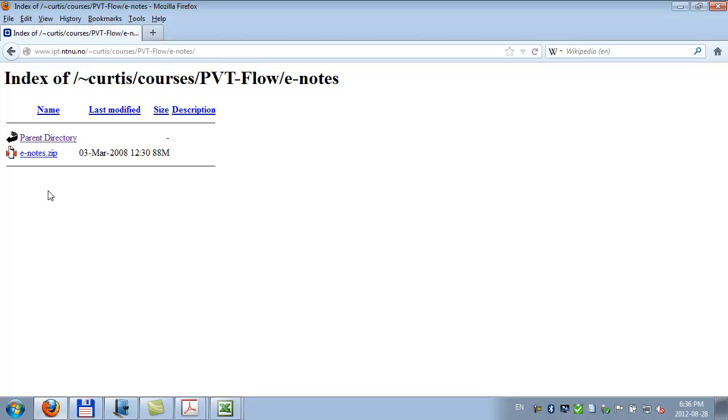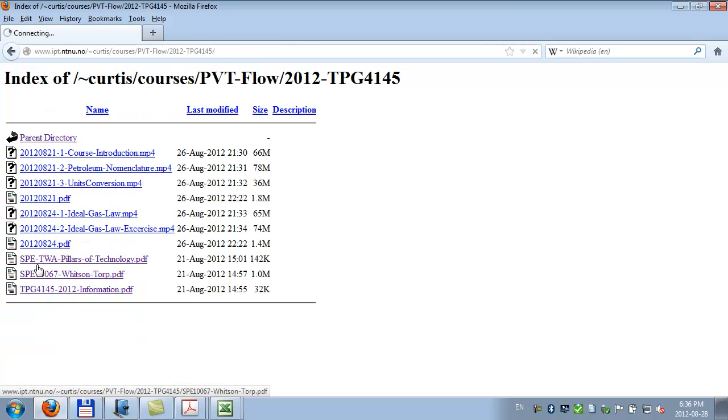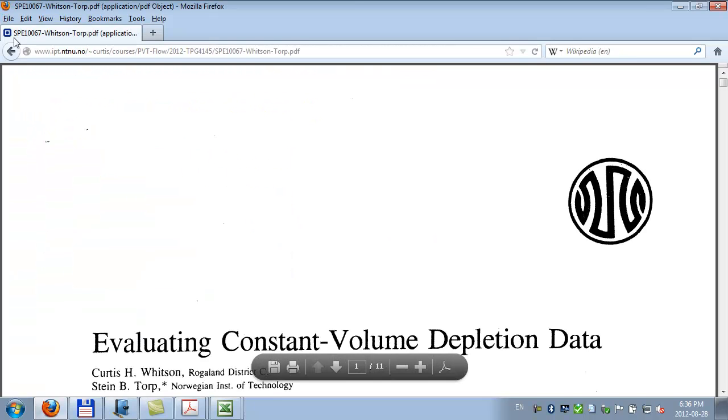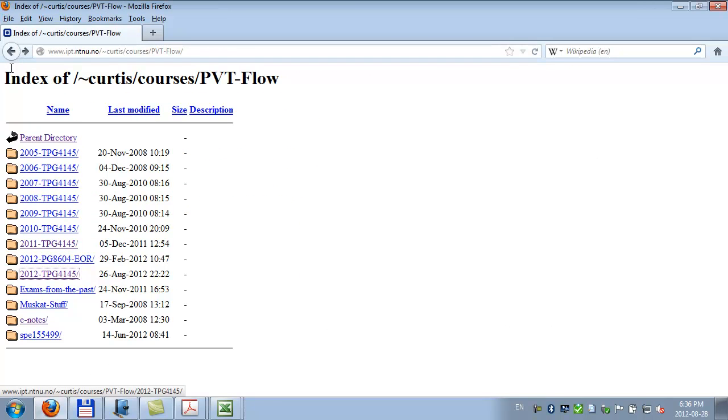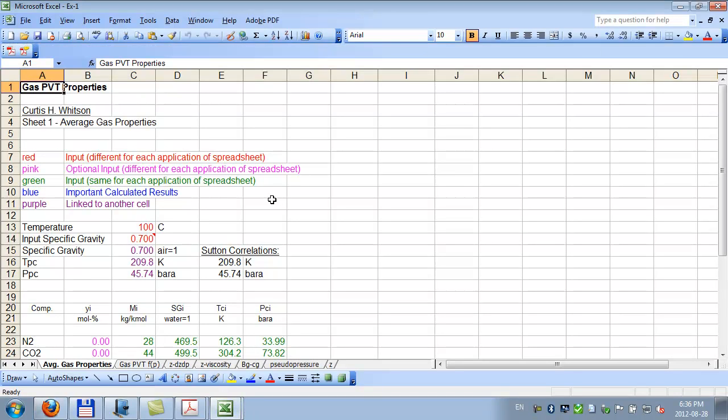It's a single zip file under the same directory as where you've been fetching things now, 2012 TPG 4145. But you want to go up a level to the E-notes, and then you can download that. All right? And then when we do that, we'll get this thing here.